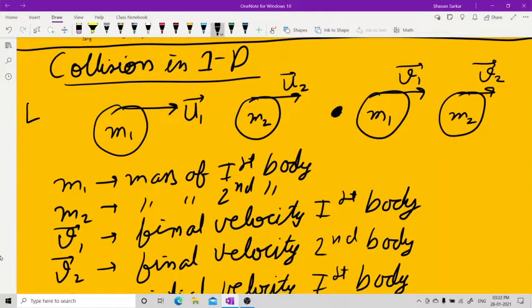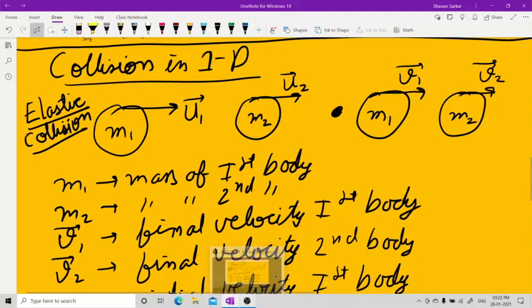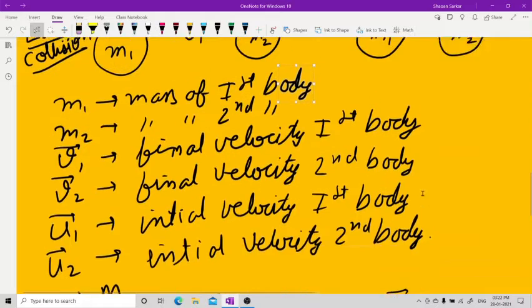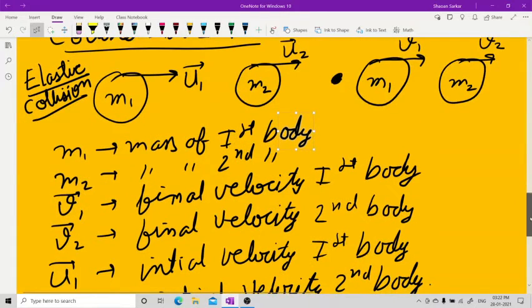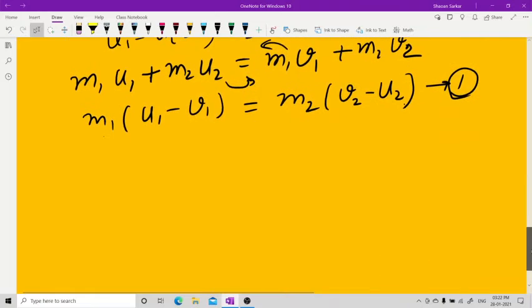Now, all that we are doing is of elastic collision. Now, see, yes, here. Now you will use the conservation of kinetic energy because this is elastic collision.